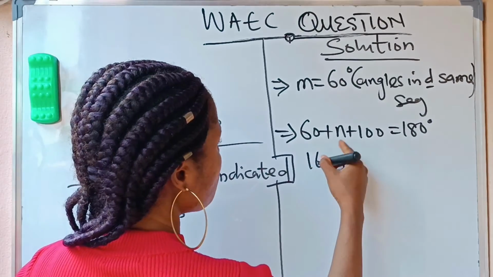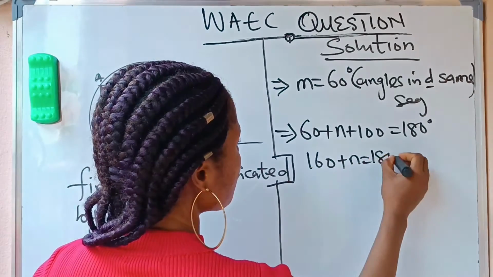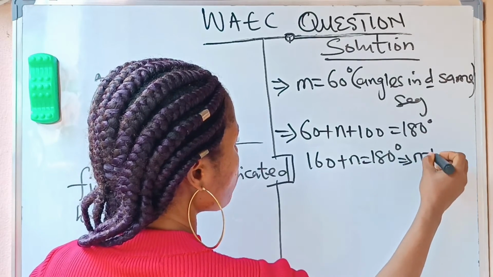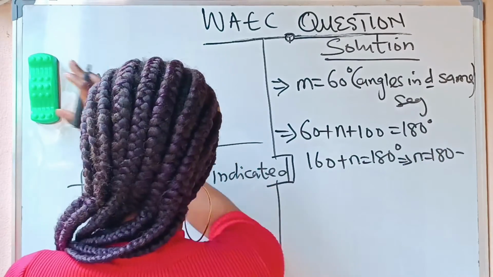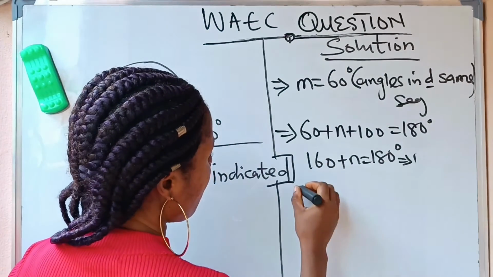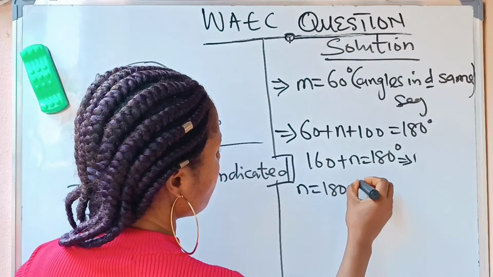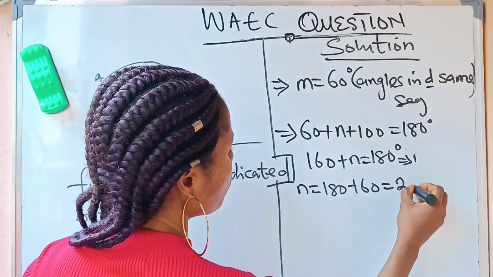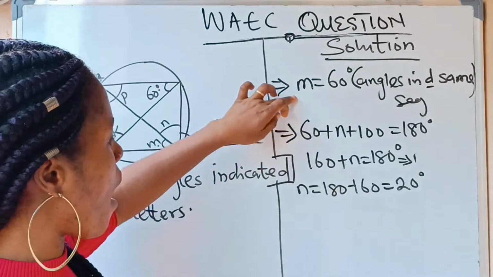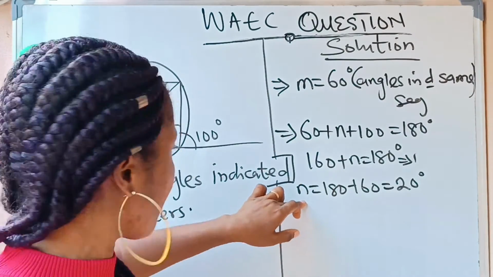So 160 plus N is equal to 180 degrees. That means N is equal to 180 minus 160, which is 20 degrees. We have gotten our M and our N.